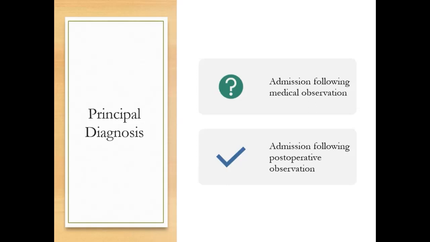Now, situations for observation following outpatient surgery. So if a patient is admitted to observation to monitor them for a condition or a complication that develops following outpatient surgery, and then they're subsequently admitted as an inpatient of the same hospital, we're going to apply the definition of principal diagnosis, which again is what? The condition established after study to be chiefly responsible for occasioning the admission of the patient to the hospital.